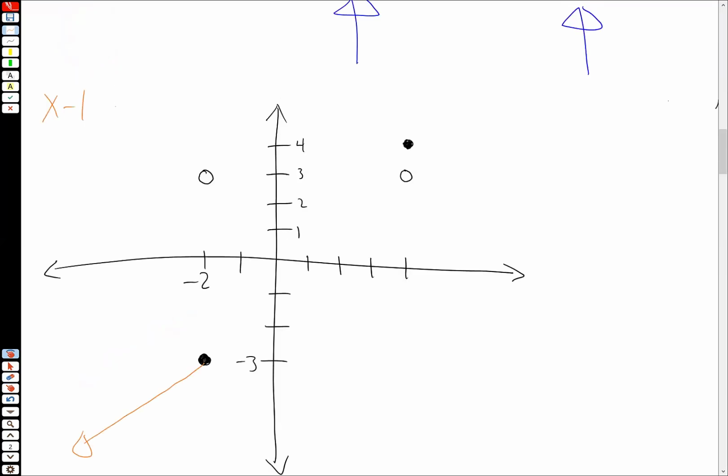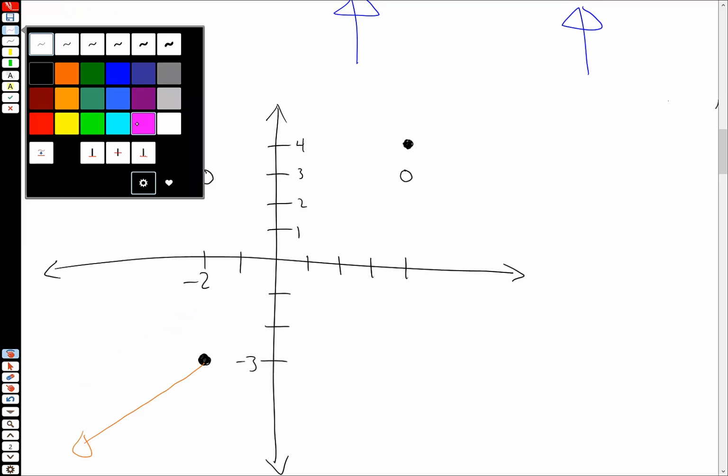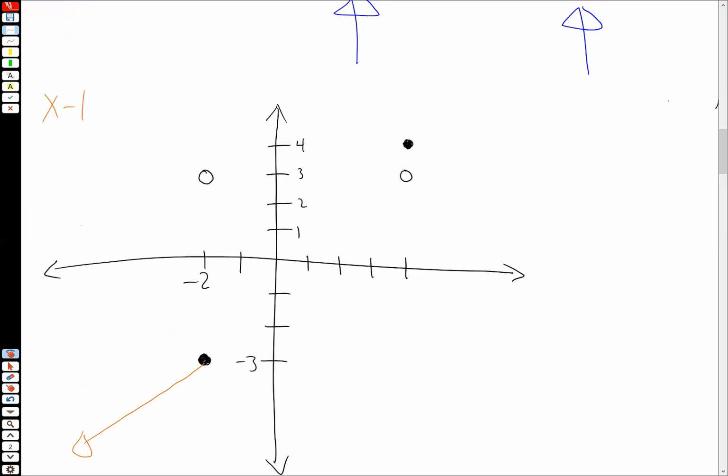Let's use a different color. Let's use purple. For the function 3, 3 is just a horizontal line that looks like this, that goes right through 3, and let's pretend like it's going through 3 at the y-axis there. But again, do we want this whole function? No, remember we're just taking a piece of it.